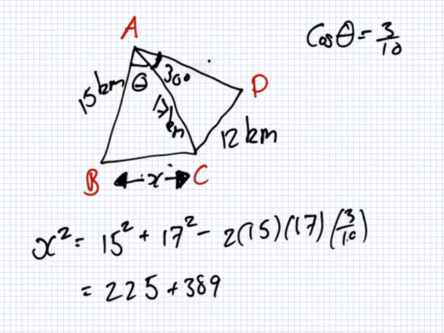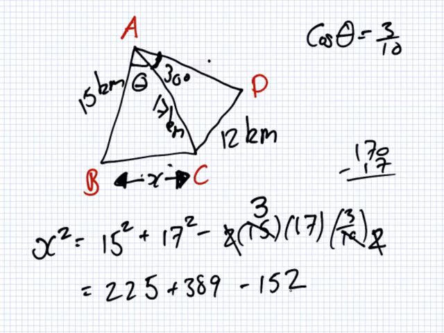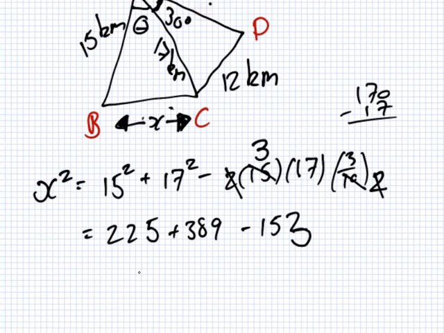Well, actually, I can do some cancelling here because 5 goes into that twice. 5 goes into that 3 times. And then 2 will cancel with the 2. It's 9 times, so that is going to be 153. So close. Alright.